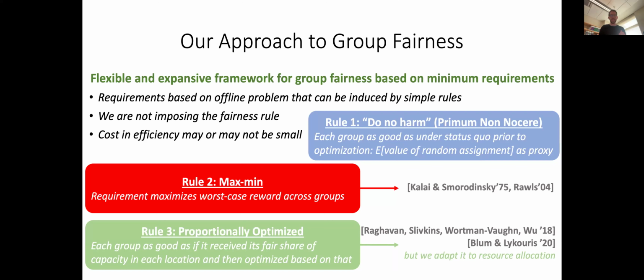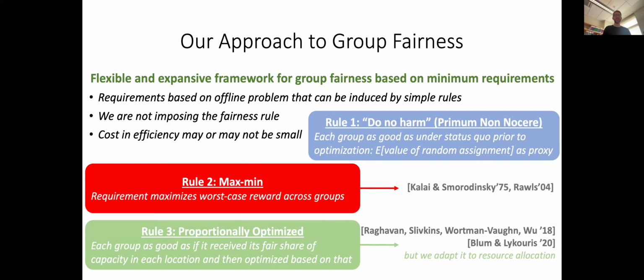We allow in the paper really a much broader set of rules, and there's a particular set of technical conditions they need to fulfill, which are quite reasonable. They effectively say, if your fairness condition requires that everybody gets everything, that's not feasible, so that's not allowed.